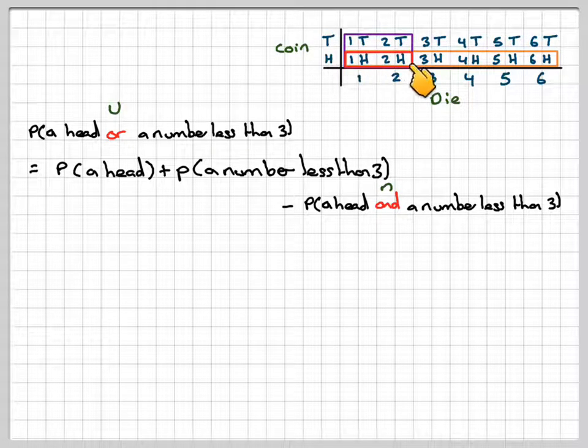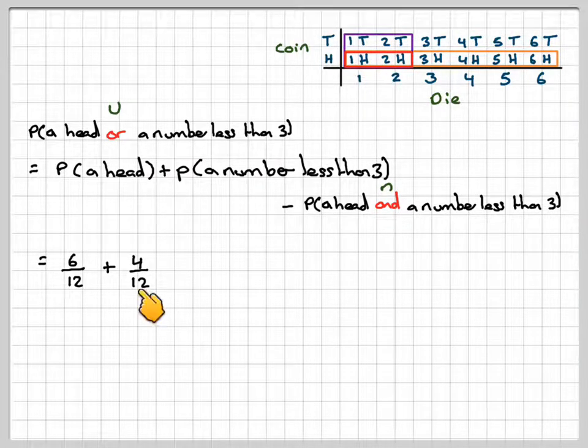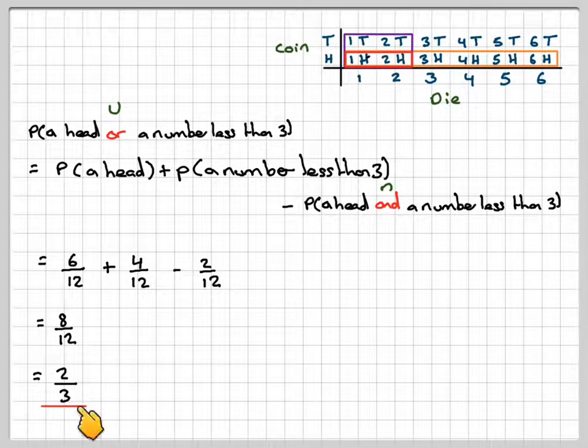But because we've counted these twice, we need to take away the probability of a head and a number less than 3. So that's going to be 6 out of 12, that's all of those, plus 4 out of 12, which is all of those, minus 2 out of 12, which will give me the answer that I said before, 8 out of 12. 1, 2, 3, 4, 5, 6, 7, 8, which cancels down to 2/3.